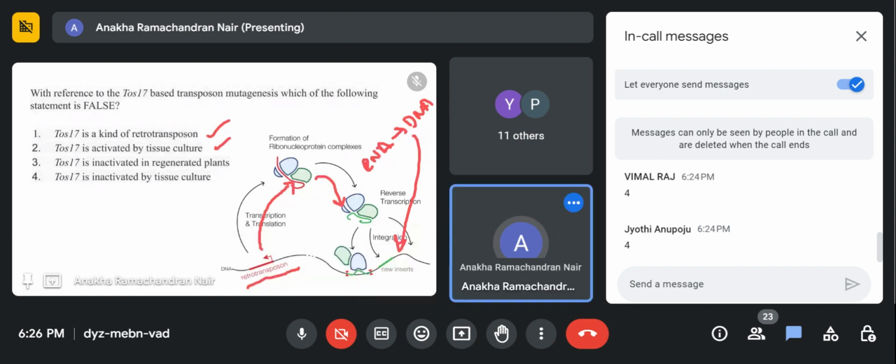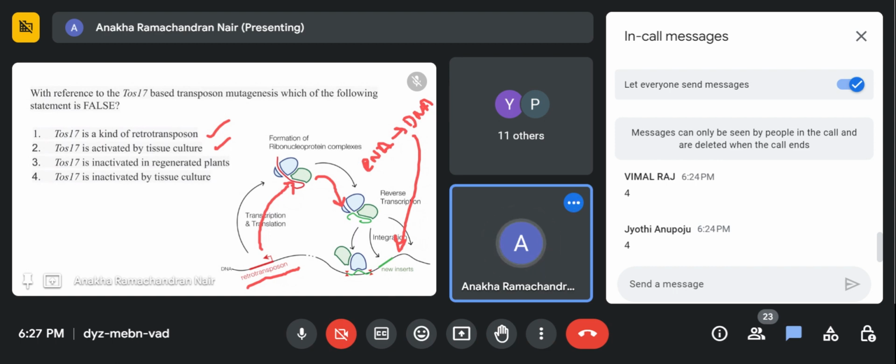I'm sorry, I couldn't hear you. The connection might not be great, so can you type it out in the chat in case I'm still not able to hear you? The person who had just unmuted themselves, did you have a doubt?